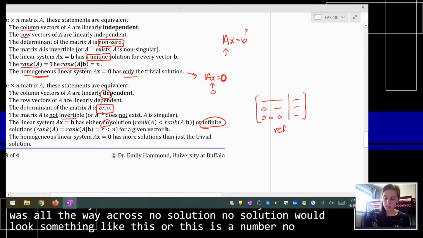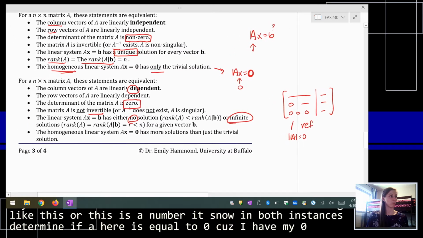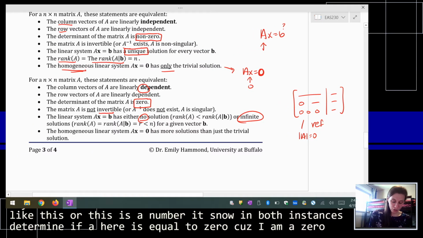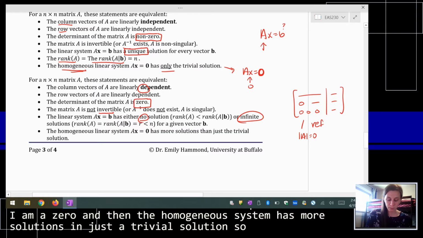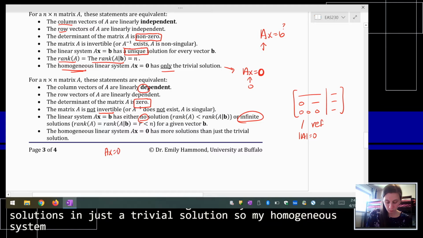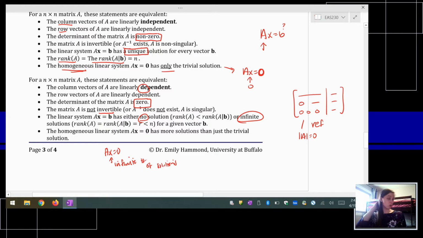Note, in both instances, the determinant of A here is equal to 0, because I have my 0 row. And then the homogeneous system has more solutions than just the trivial solution. So my homogeneous system would have an infinite number of solutions. So those are equivalent statements.